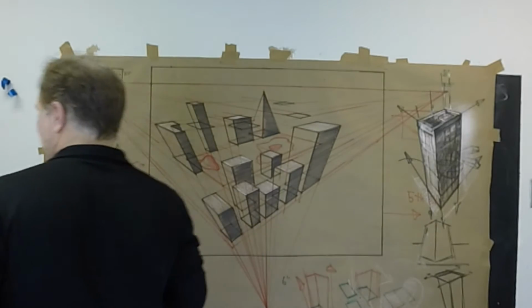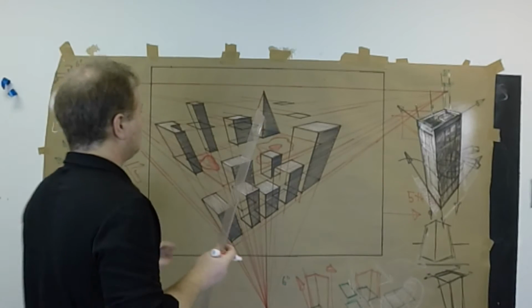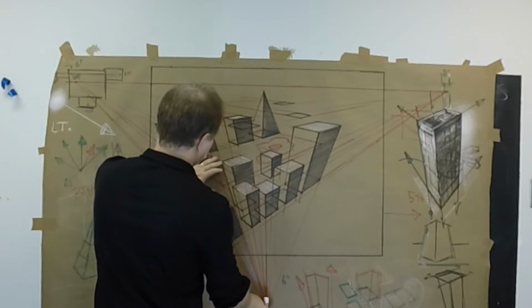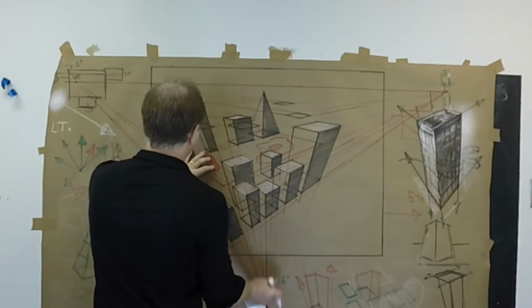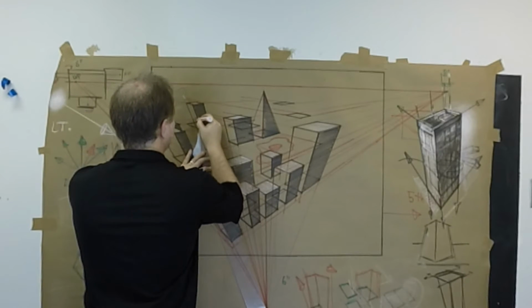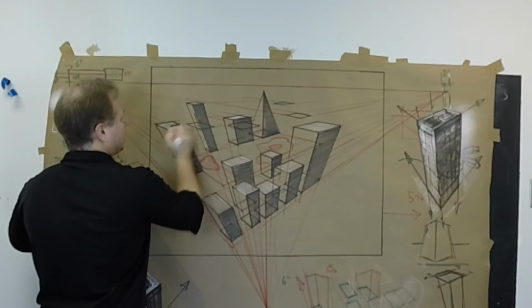Okay, so let's build the heights of our forms. And so we'll start with this one over here. So from the vertical vanishing point, I'll build a height up. And we won't make it as tall as this building, but we have to know its height. So I'll make it about that tall, which would be about right here. Here's my dot for my height, okay?